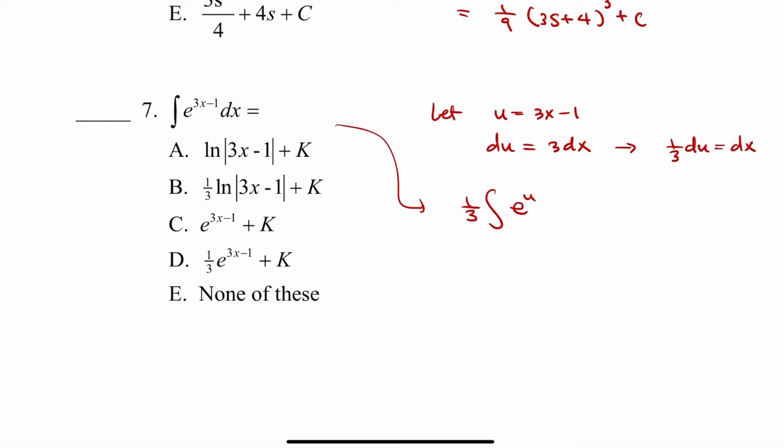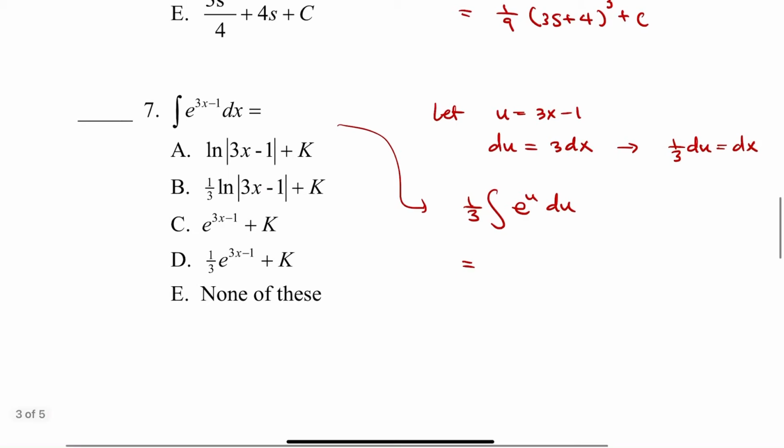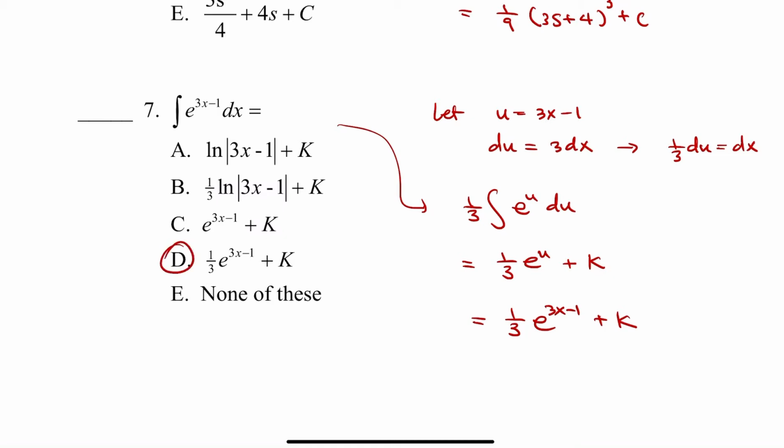So 1/3, you take it out, du. So using the exponential rule, 1/3 integral e to the u is just e to the u, and plus c or k, and then you substitute back. E to the u was a 3x minus 1 plus k. So answer has to be D.